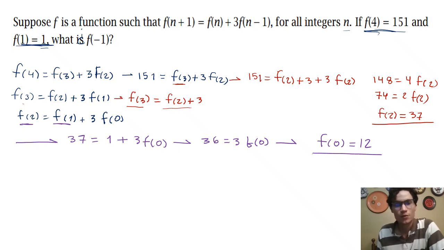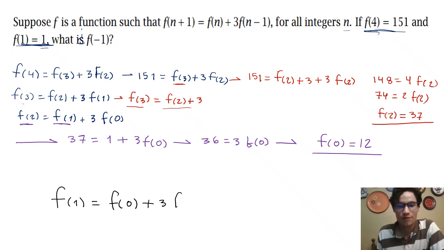Now let's evaluate the main function at the point f(1). f(1) will be equal to f(0) plus 3 times f(-1), which is the one we are looking for.